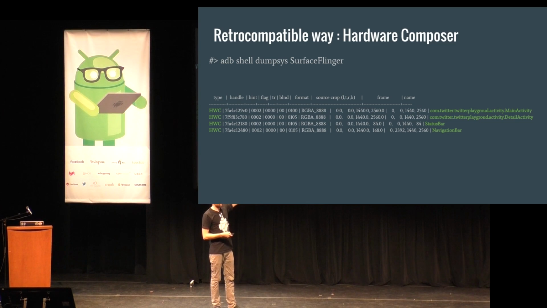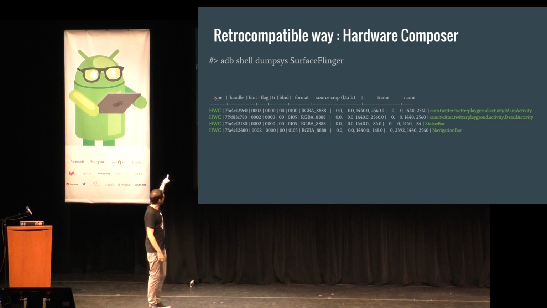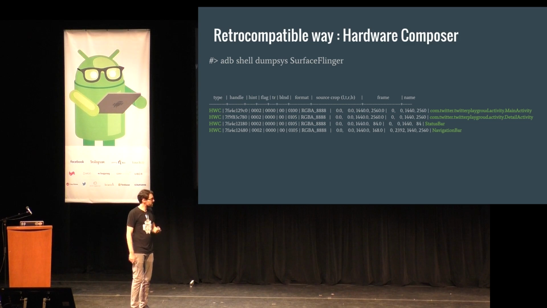But because it's translucent, now I have 2 layers from my app that Surface Flinger has to pass down to the composer. But as you can see on the left here, the composer is still happy. It can still take all that, no problem.